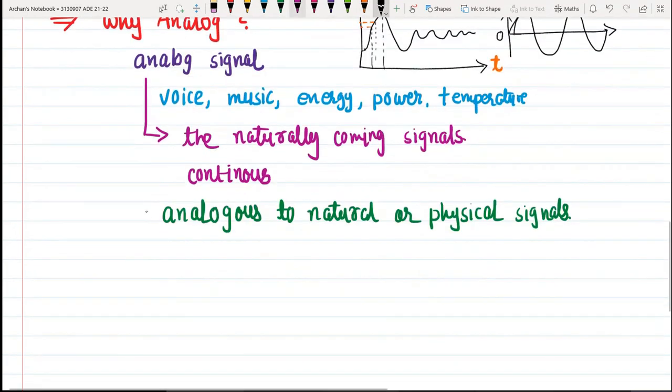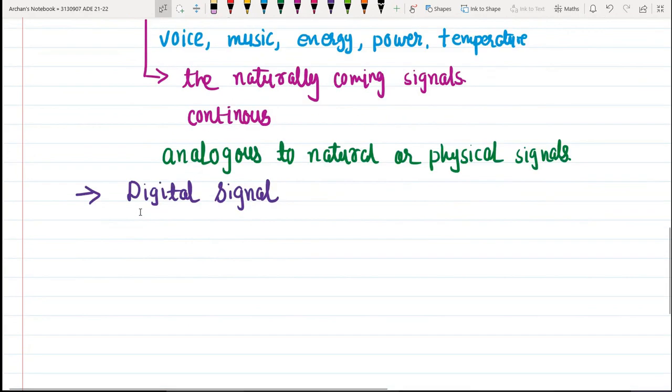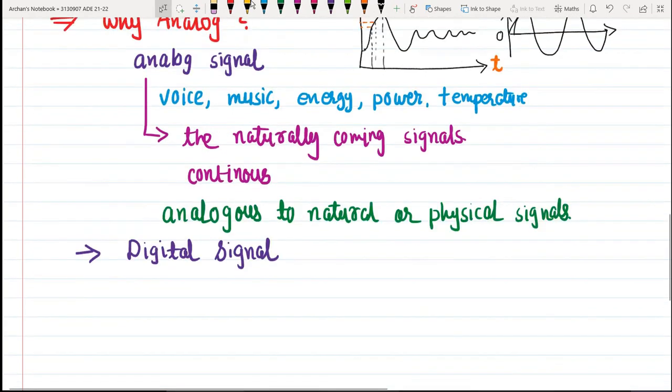Now comparing these analog signals with the digital one, okay? The second kind of signal which we are available with is the digital signal. So what is the basic difference between the analog signal and the digital signal? Talking about digital signals, they are discrete in nature, right? What do you mean by discrete? Suppose this sinusoidal wave shape pertains to an analog signal, then digital signals are discrete in nature.